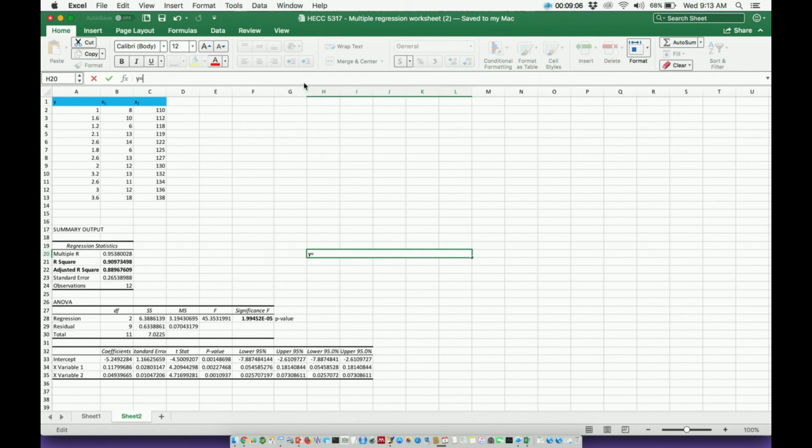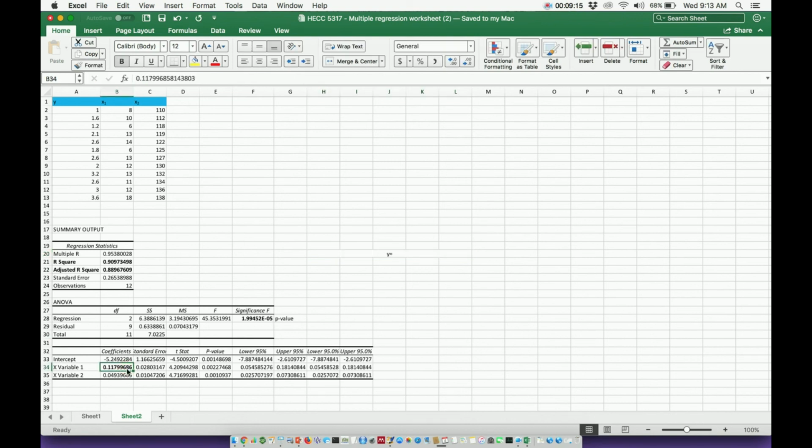It's always going to be y equals, and how do I determine what everything is? Well, here I have the coefficient of the first x variable. I see that it's 0.118, we'll say. I also know the coefficient of the second x variable, x2, is 0.049.